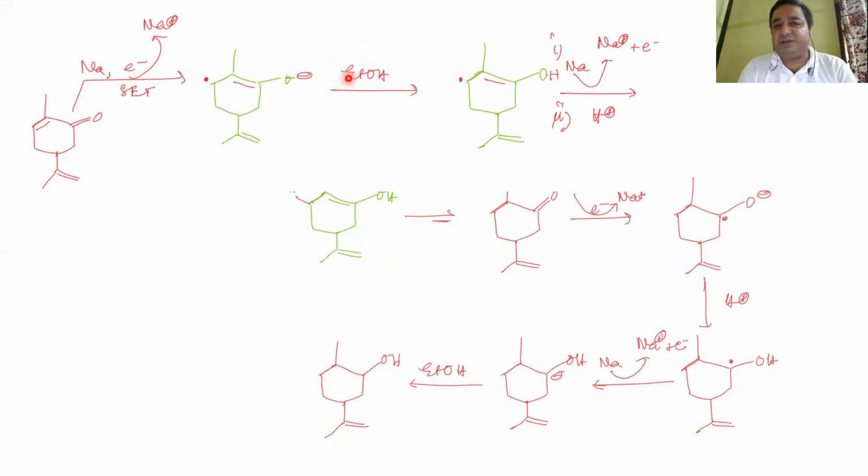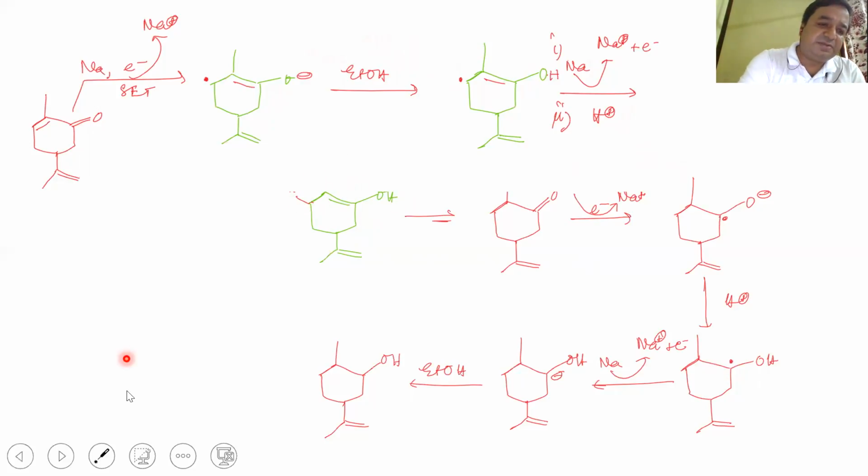In conditions where ethanol is present, the O minus will get protonated and will give you this type of enol. Further single electron transfer will make this radical into a minus charge. Over here, as you can see, this is a hydrogen.